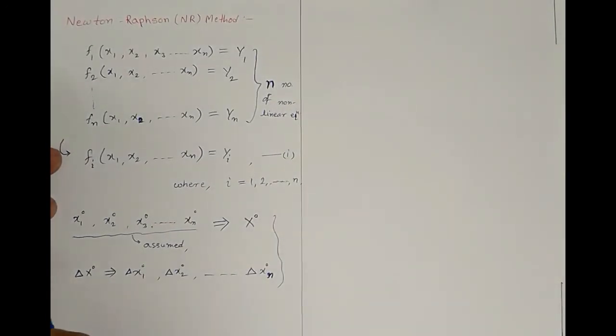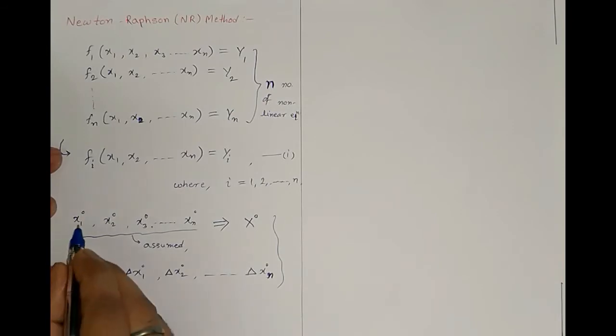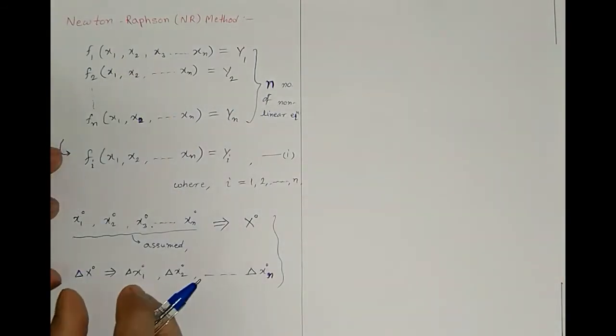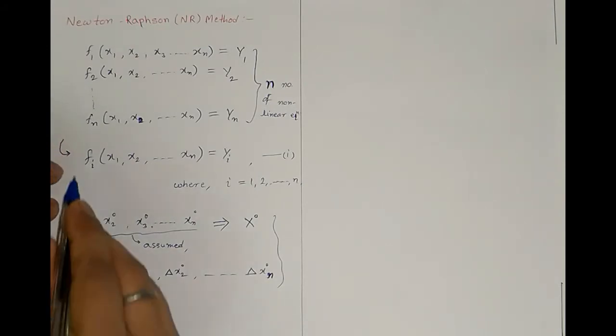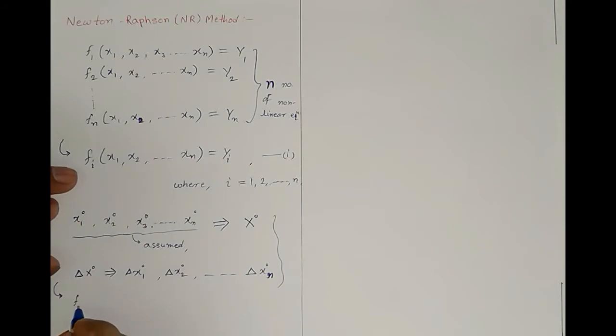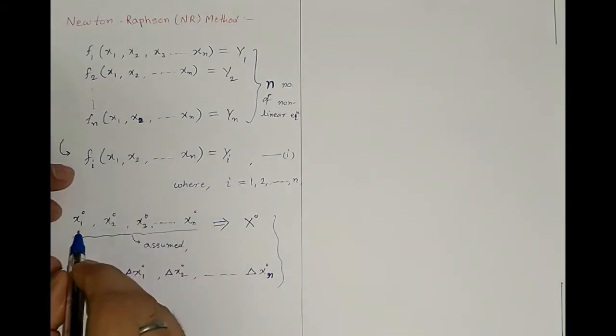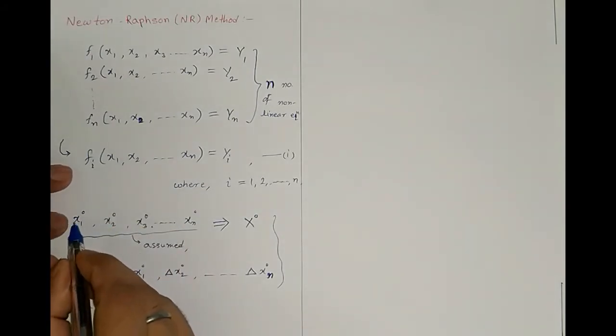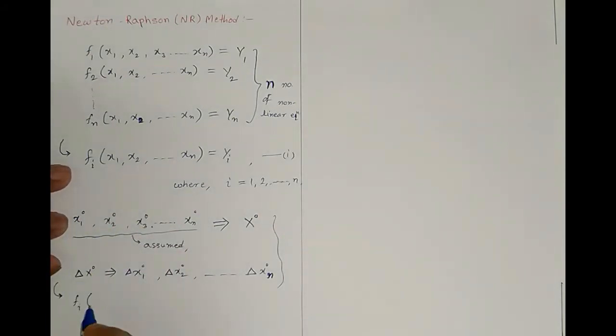By putting these values, the next solution, that means the modified solution, will be what? Let us assume that this equation is now represented as fi. Because we will get this error by using the assumed values, now we have to put the assumed values plus this error.